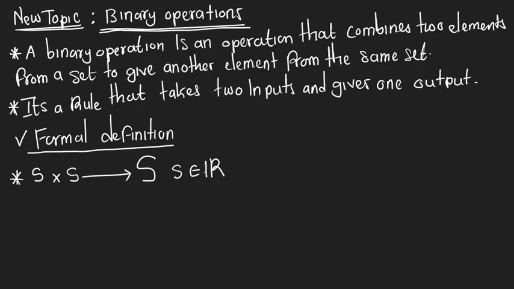If we are dealing with integers, S should be a set of integers, okay? Or you can call positive integers. If it was a set of natural numbers, S should be a member of natural numbers.